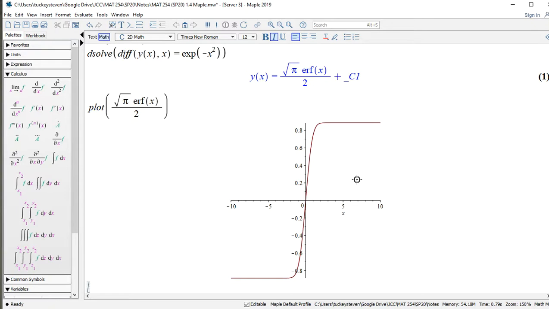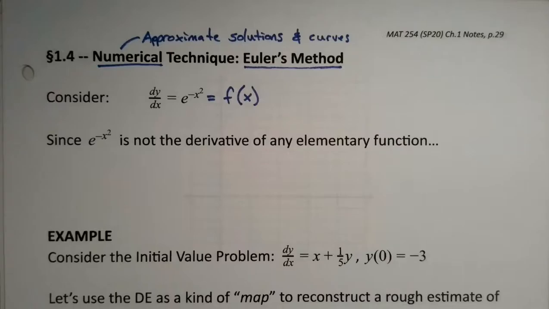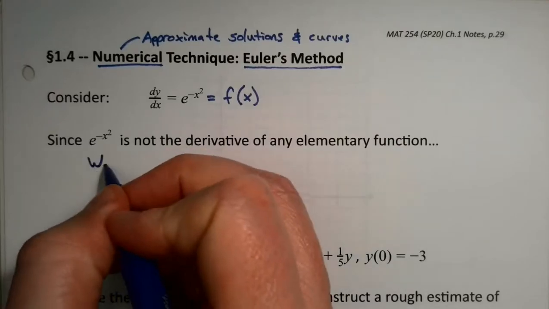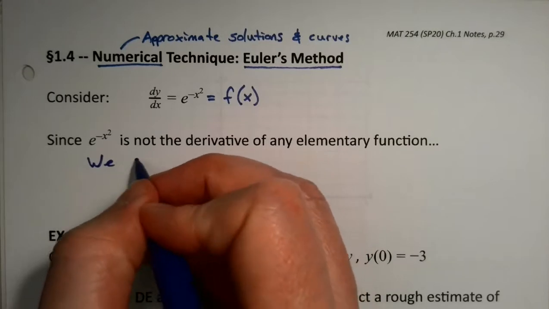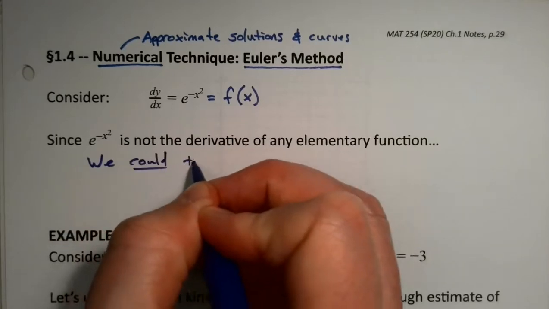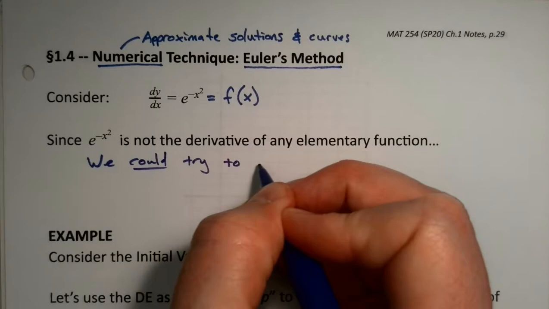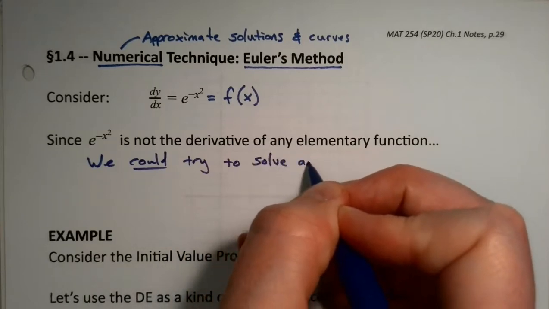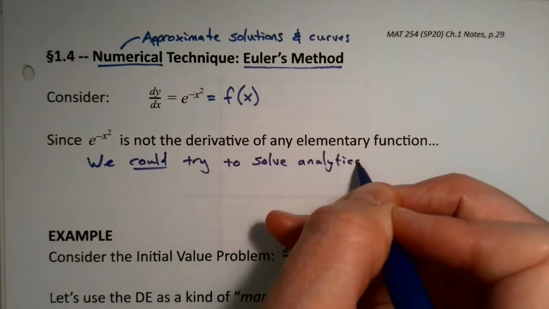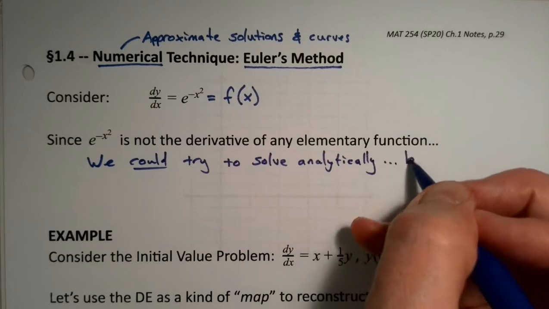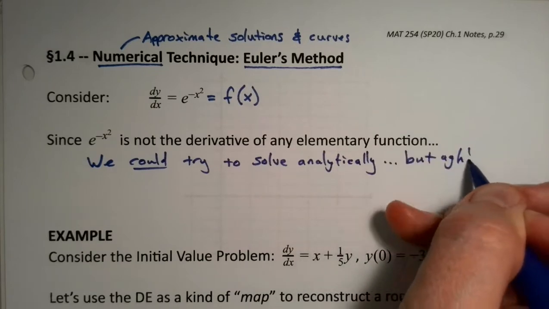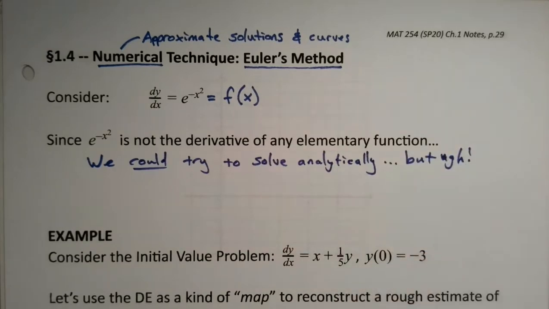So we don't have a way of doing it, and that means we don't really know what to do. We could try to solve analytically with Maple. But ugh, we wind up with a really ugly looking solution.